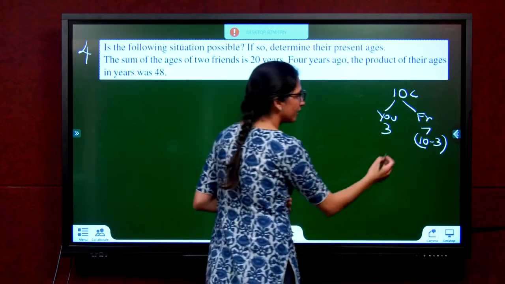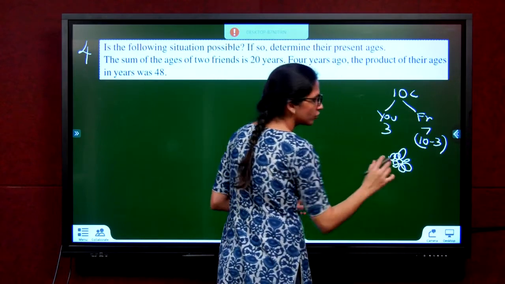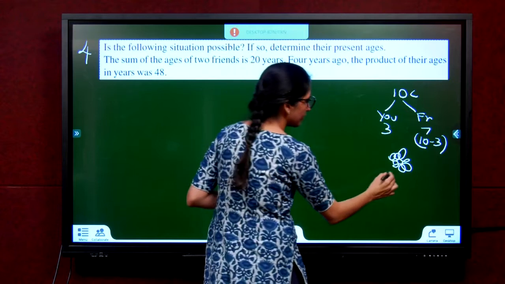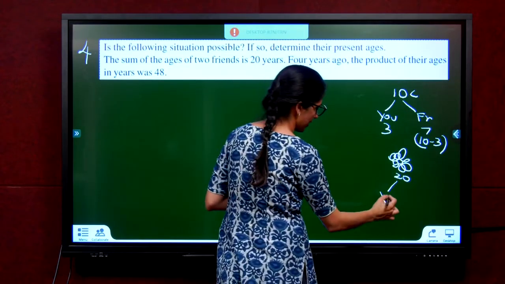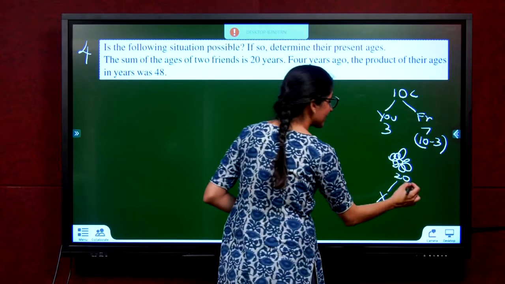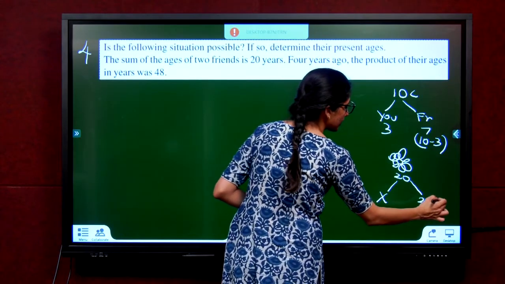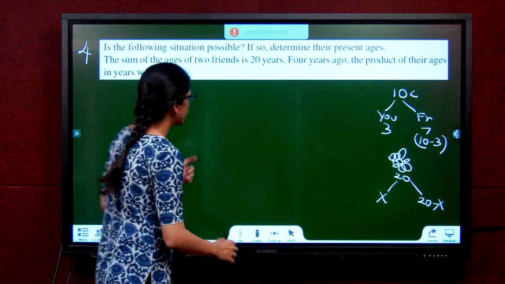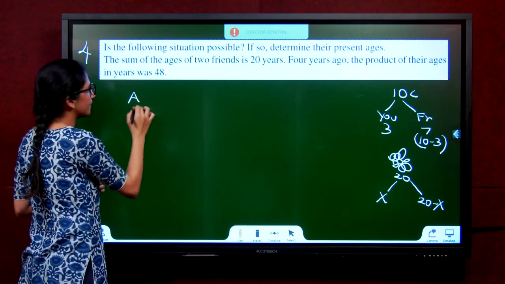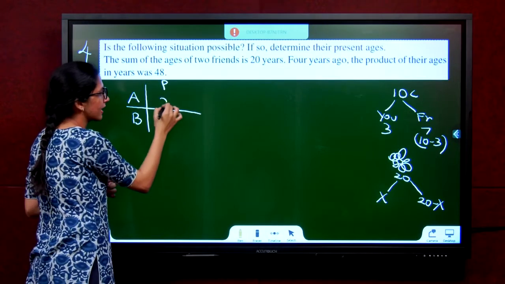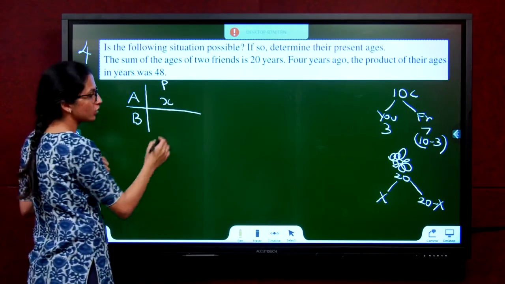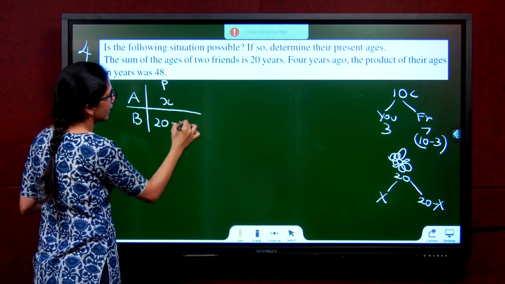Just like that, the sum of two people's ages is 20. Let the first person's age be x years. How much will be the second person's age? 20 minus x. So if there are two people A and B, the present age of A is x and the present age of B is 20 minus x.